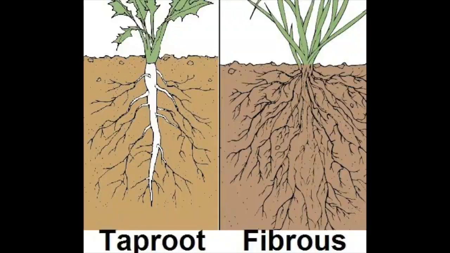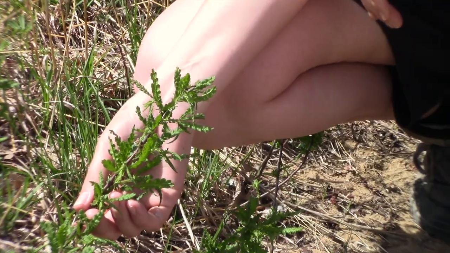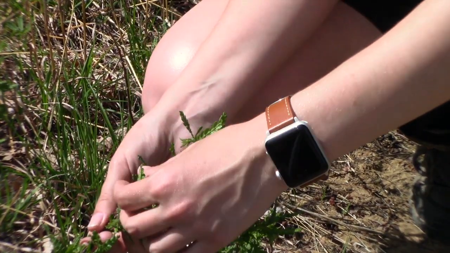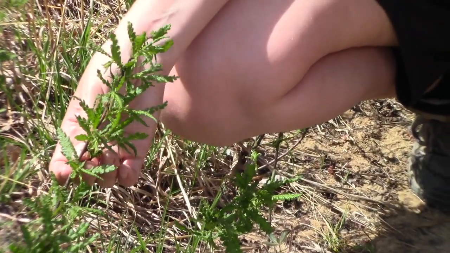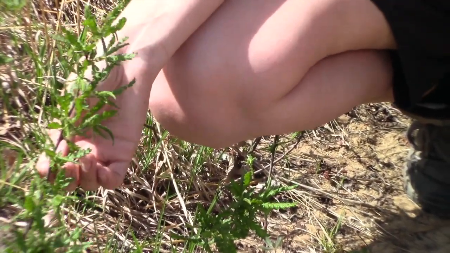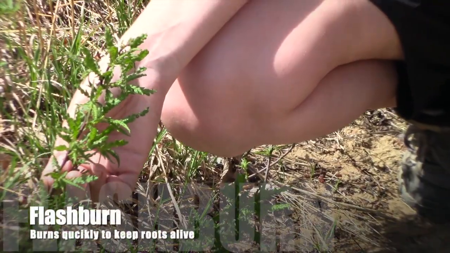One example of a plant that has adapted to survive this hot, dry, sunny, fire-prone environment is sweet fern. Sweet fern has a long, deep taproot that goes about 8 feet into the ground, which helps it soak up water that goes through these very porous soils. In addition, the leaves are covered with a resin-like substance that allow this plant to flash burn as a natural wildfire goes through.